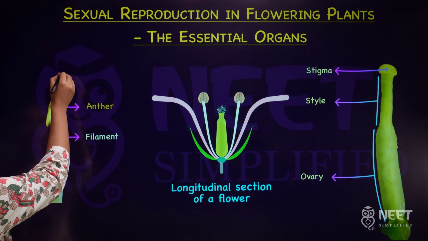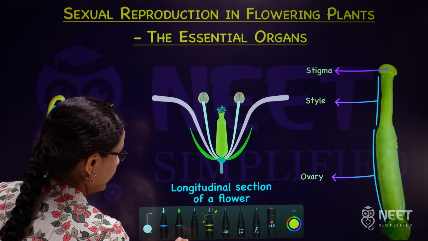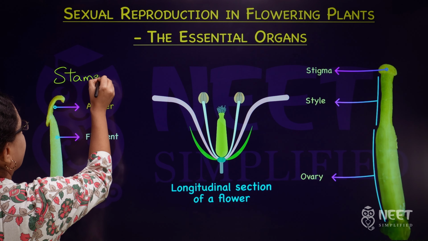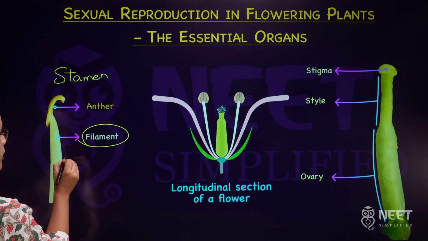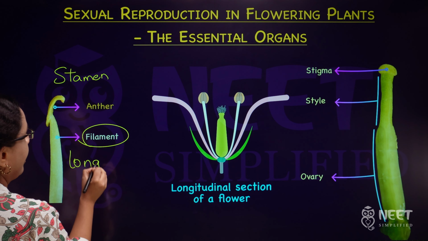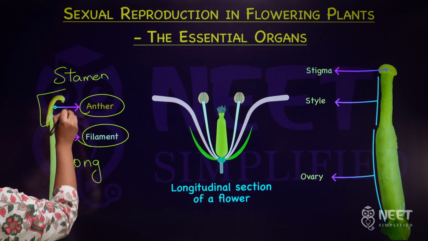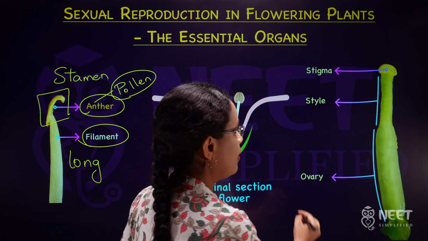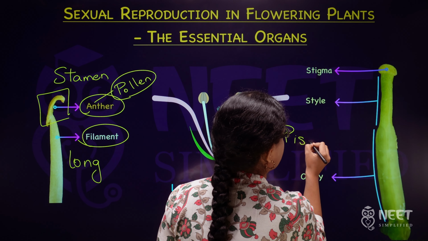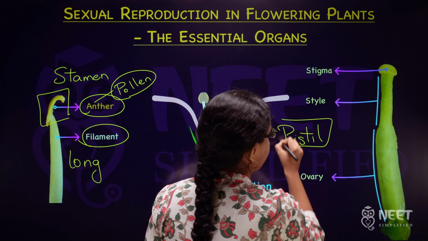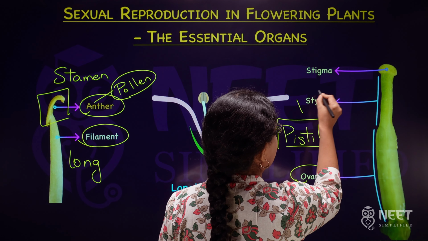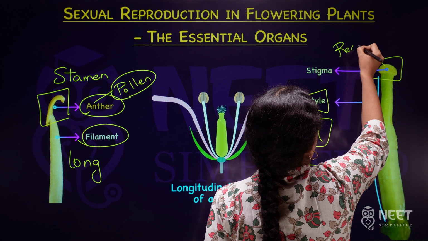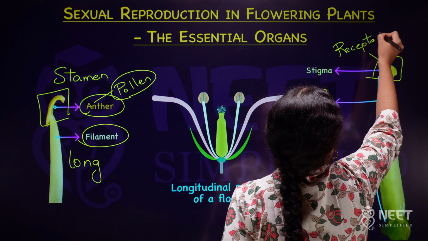The first is the male reproductive organ, the stamen, which has a long filament and an anther that generates pollen. On the female side, we have the pistil, containing ovary, style, and stigma. This stigma acts as the receptacle for the pollen.